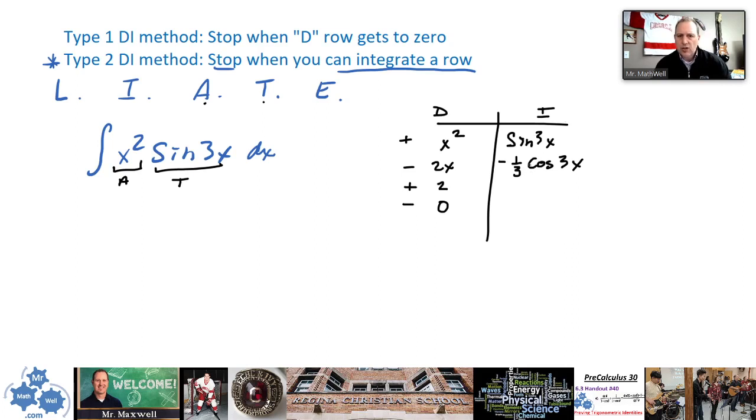So what's the integral of negative 1/3 cos of 3x? That's going to be negative 1/3 sine of 3x, and again times 1/3, right? Because I have to counteract the chain rule there. So it's going to be a negative 1/9 sine 3x. Now, if I look at this row, integral here, dx, I have a 2 times a negative 1/3 times a positive 1/3.